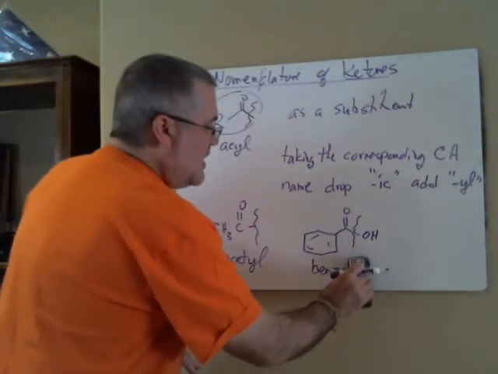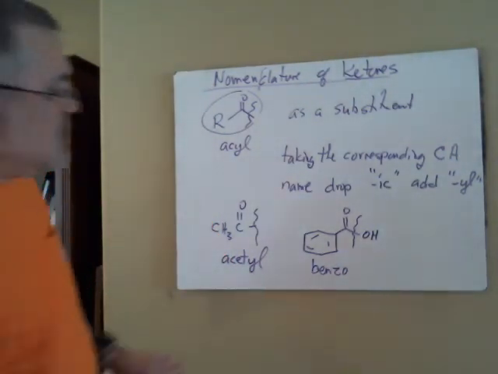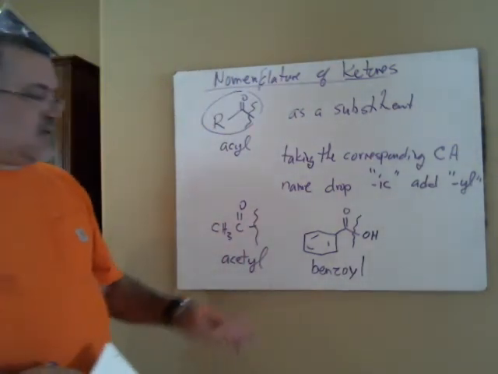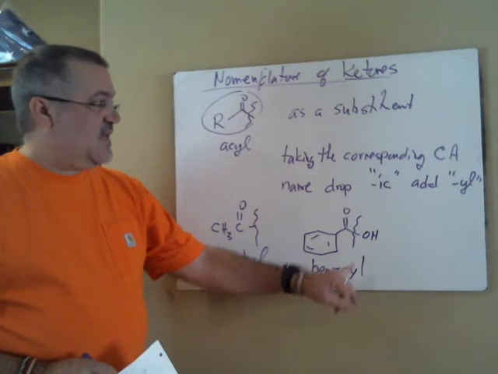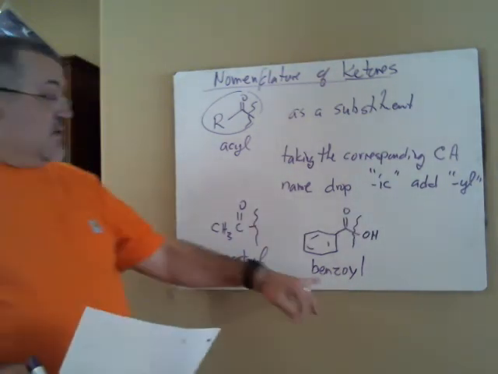I'm going to drop the ic from the benzoic, and I'm going to add YL. Okay? See how I did that? The O remains. It's just the ic that I dropped. Okay? And so this would be what is left.